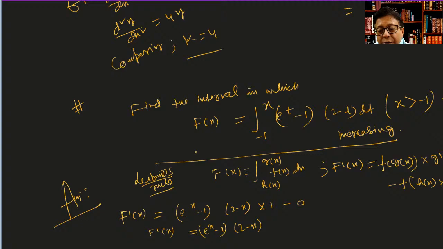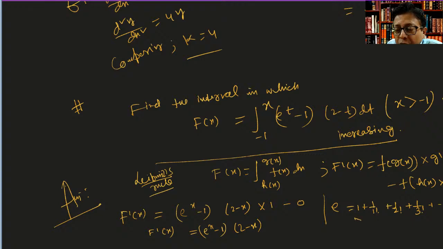For increasing or decreasing function, derivative should be greater than 0 or less than 0. For strictly increasing function, you take any value of x. I just remind you the approximate value of e. You know this infinite series: 1 by factorial 2, 1 by factorial 3, it continues up to infinity.